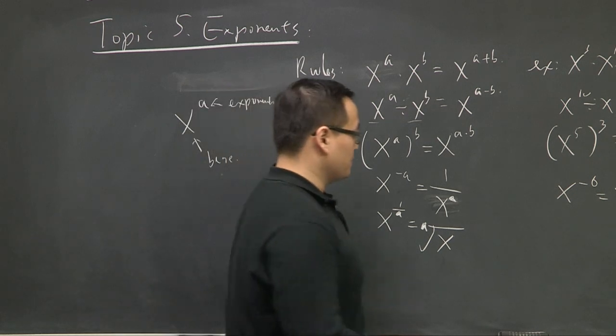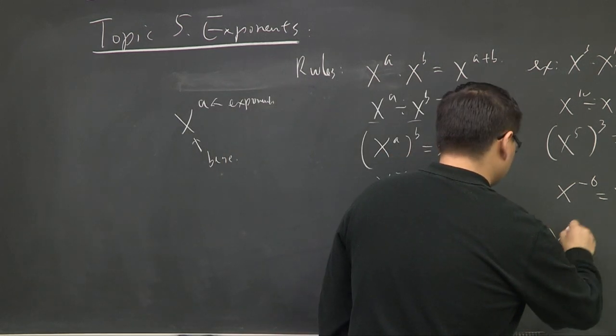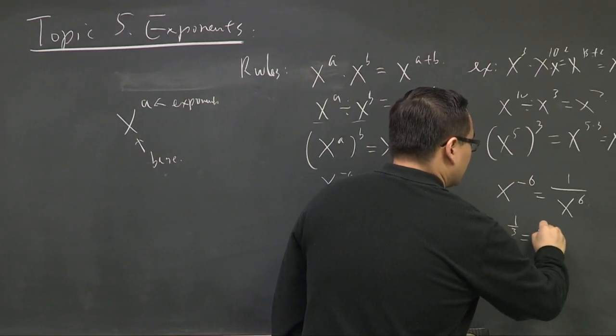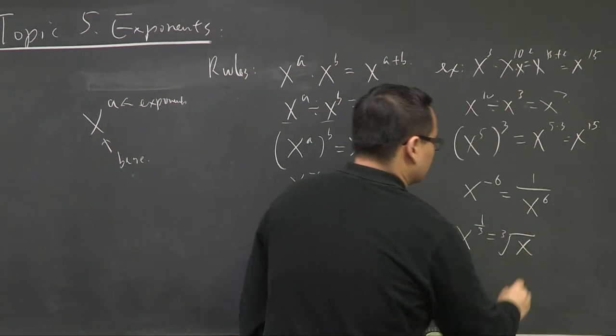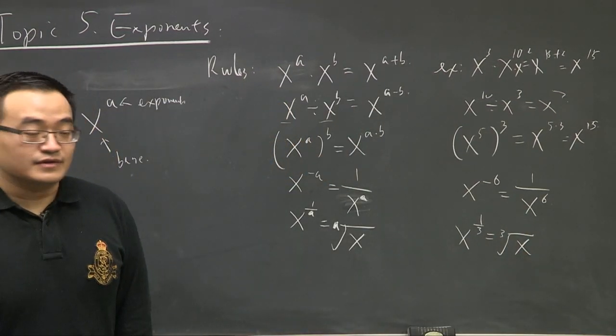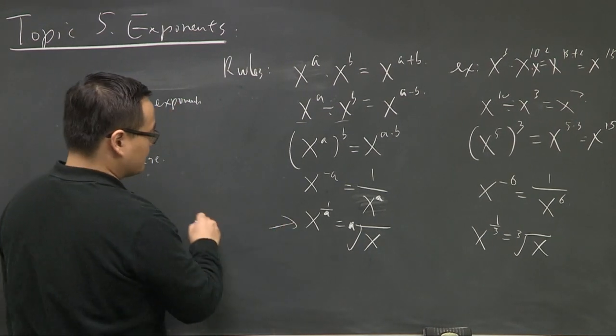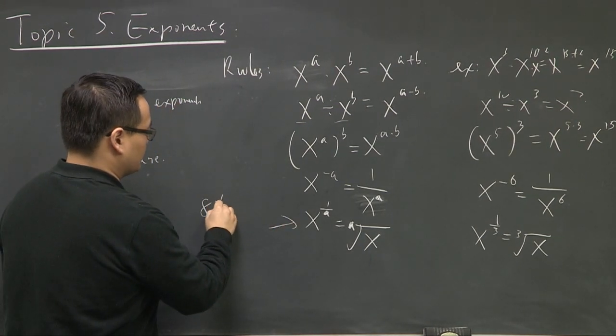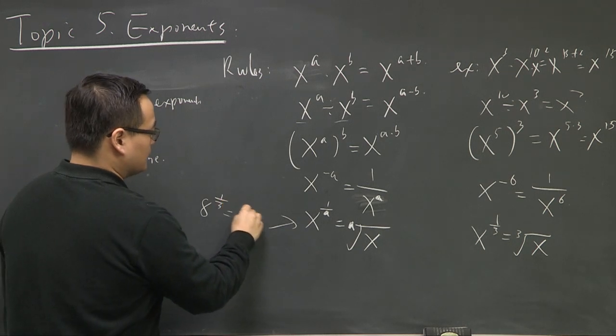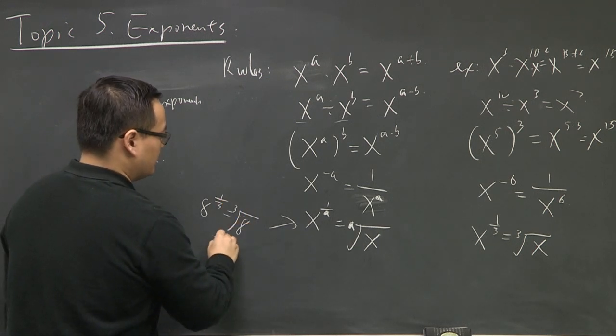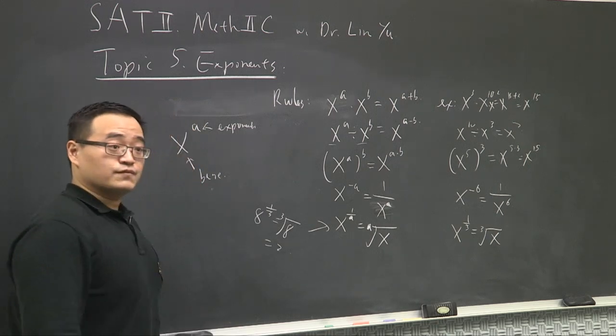So for instance, if I have x to the 1/3, that simply means it's the cube root of x. Let's put a numerical spin on it. What if I have 8 to the 1/3? It's simply the cube root of 8, or in other words, 2.